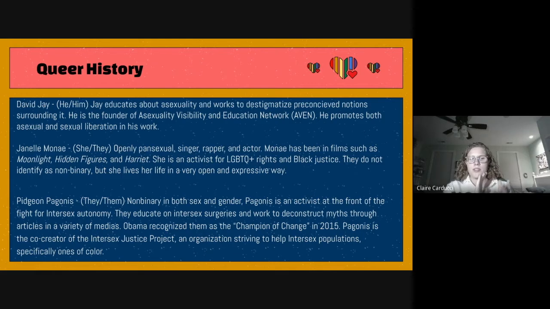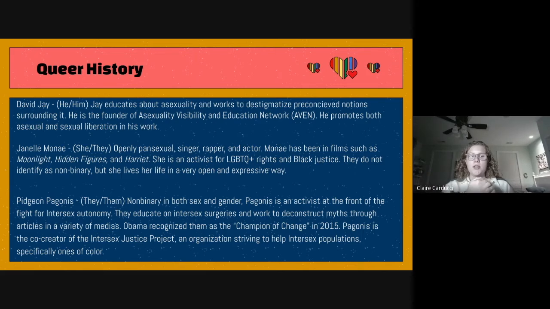And Pigeon Pagonis is a very big fighter for intersex autonomy. Many people who are born intersex, their parents will, when they're born, choose to have their child undergo surgeries to make their body and organs represent that of either a male or female.